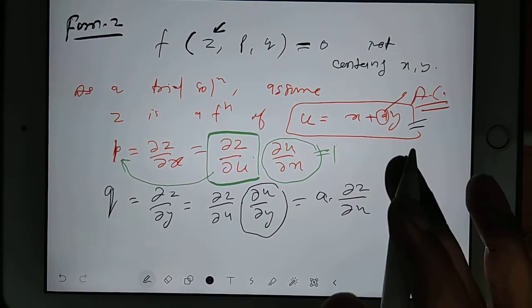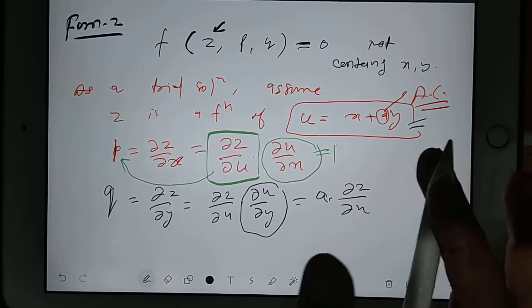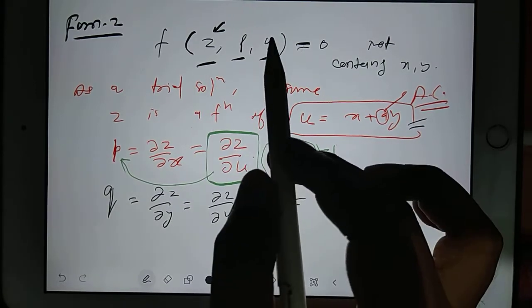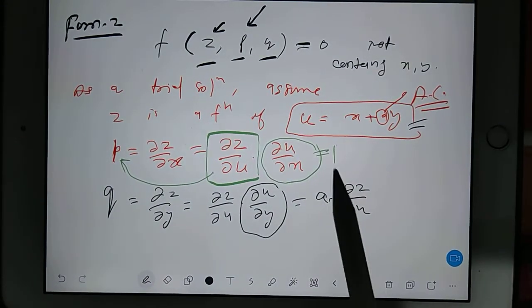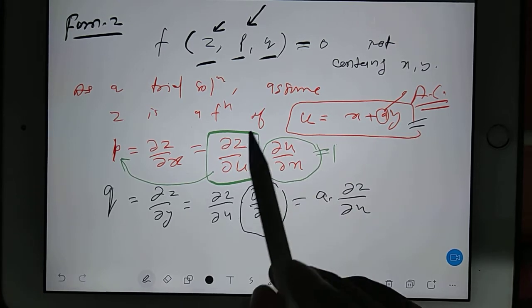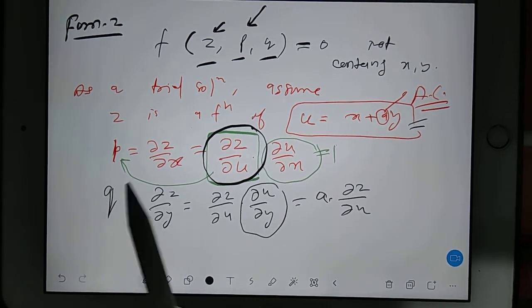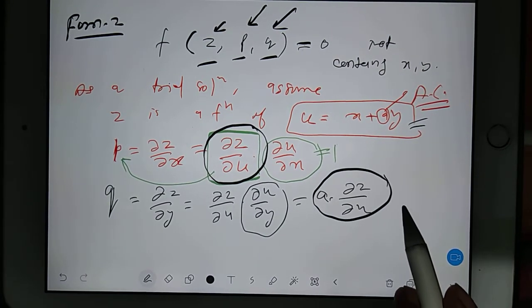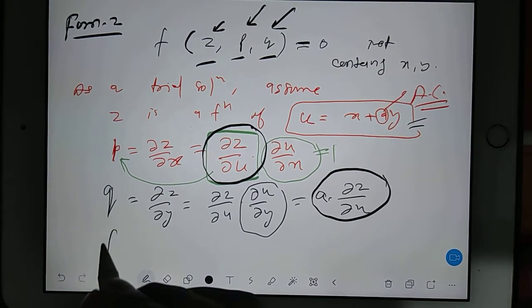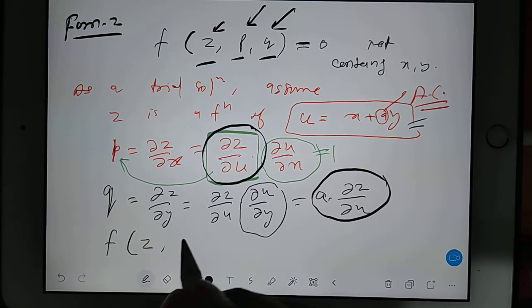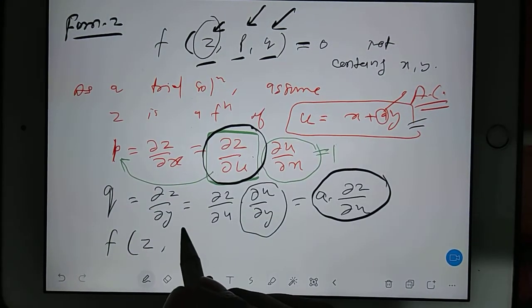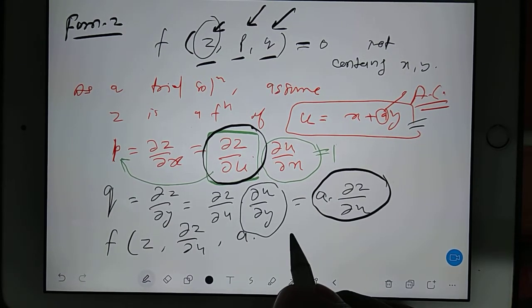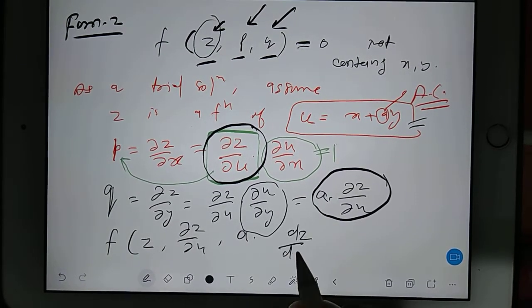Now when you find the final answer, it will have p, q, and z also. So this p I will replace with this ∂z/∂u value, and this q I will replace by a times ∂z/∂u. So your function will be f(z, dz/du, a dz/du).